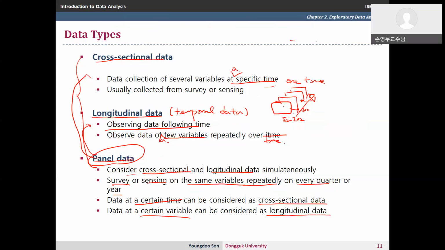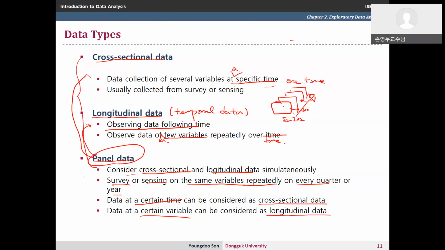And the combination of these two is panel data, which has several variables observed following the time.